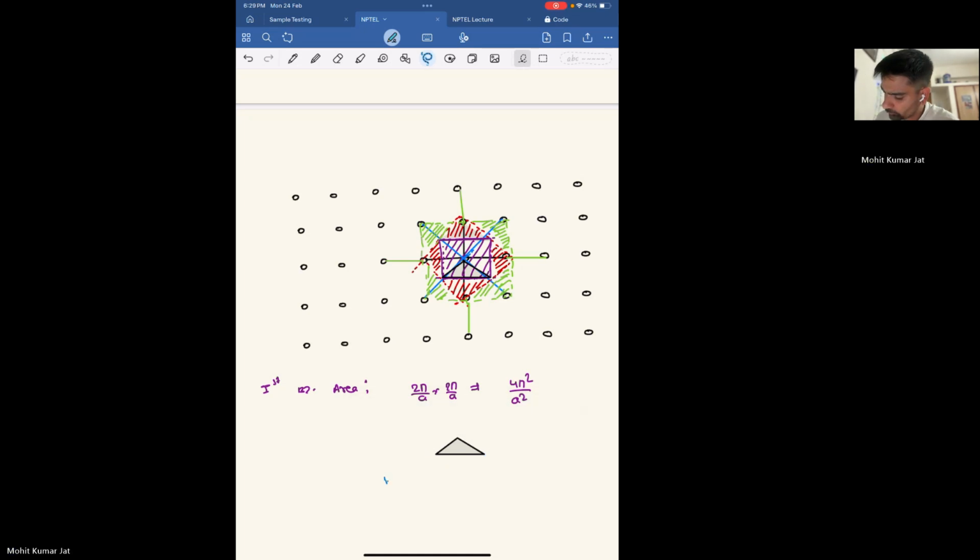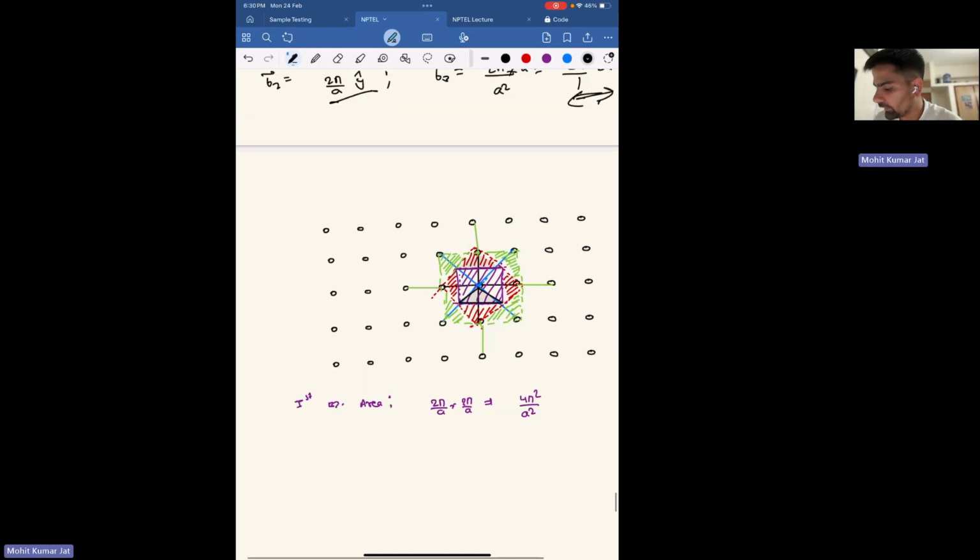Copy, paste. This one will go and fit somewhere here, like this. I have not made it perfect, but it will fit this region. The other will be like this, the top region. The other will be like this. This is how you can do it, or you can just calculate the area, and the area will turn out to be the same for each Brillouin zone. That will be 4 pi square by a square if you calculate the area.